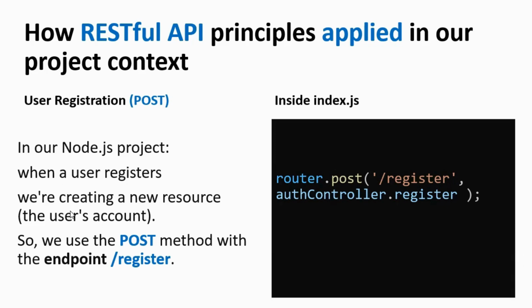We are creating a new resource for the user account. That's why we used the post method with the endpoint register. In a RESTful API, we should define an endpoint and a method. Here we say post, and our endpoint is register.